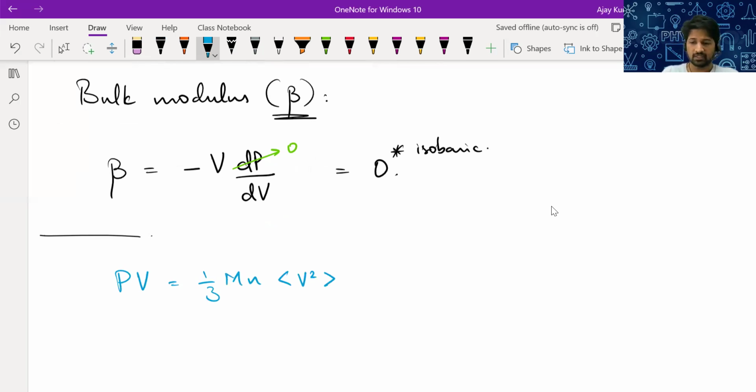We are compressing the gas, means we are decreasing its volume. Accordingly, if the speed of the gas molecules decreases, then it's possible for pressure to remain constant. Speed of gas molecules decreasing means kinetic energy of gas molecules decreasing. That means temperature decreasing. So if volume and temperature decrease proportionally, pressure can remain constant. That is what happens in an isobaric process.